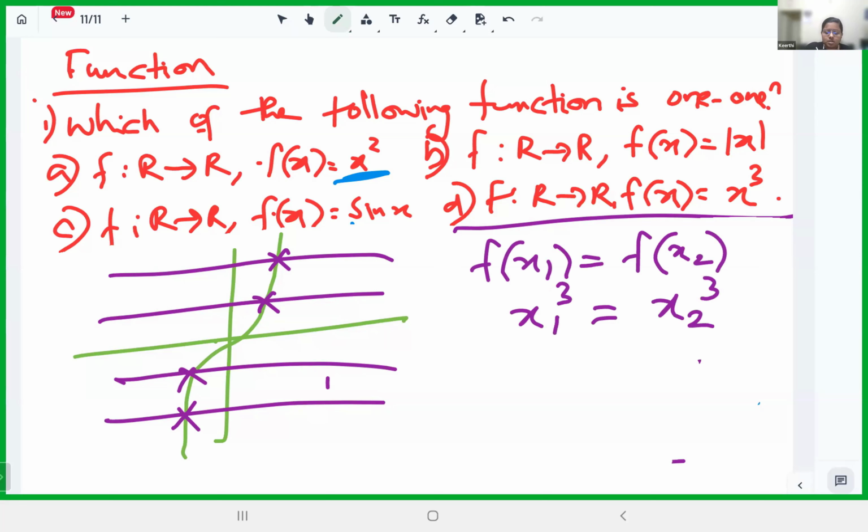If the cubes of two numbers are equal, definitely the numbers should be equal. Then only the cube will be equal. x1 cube equal to x2 cube means x1 should be equal to x2. From this you get that the function is 1, 1. Now we are moving on to the next question.